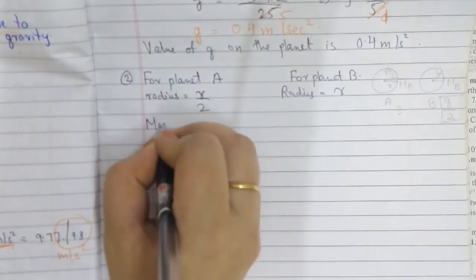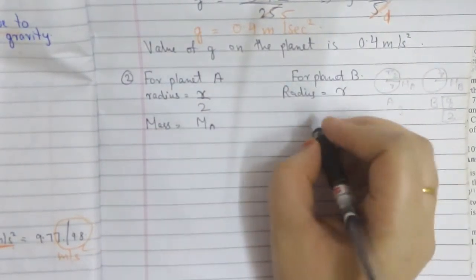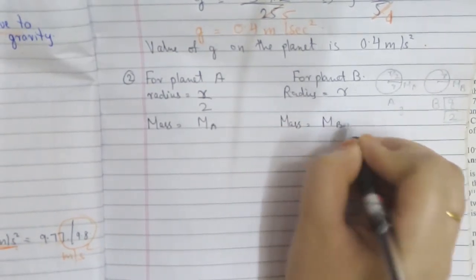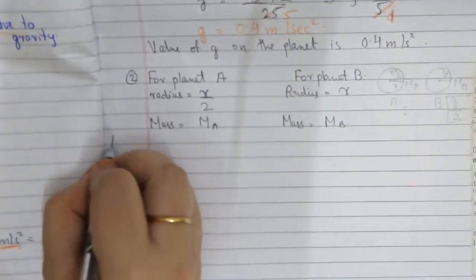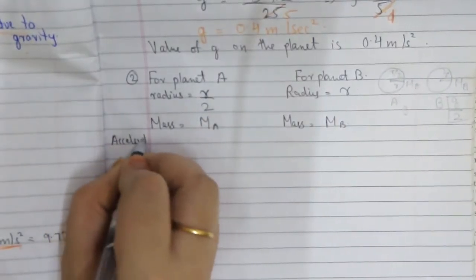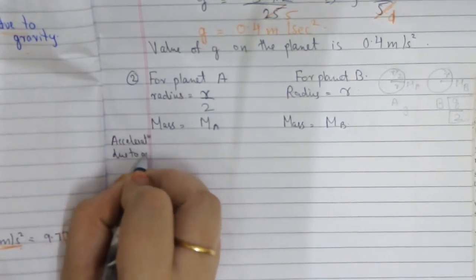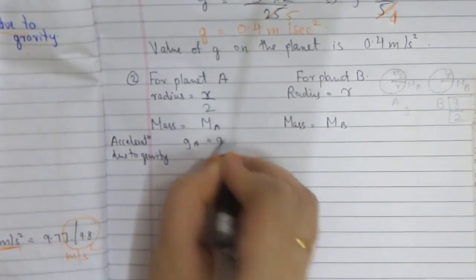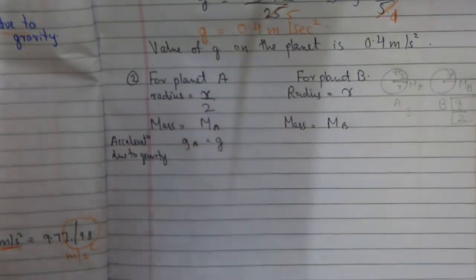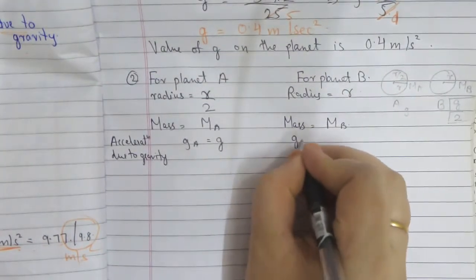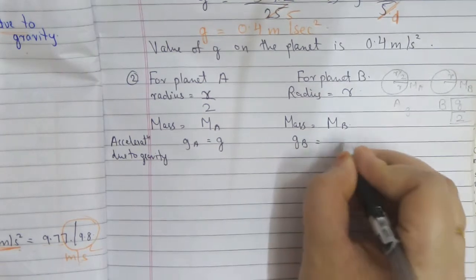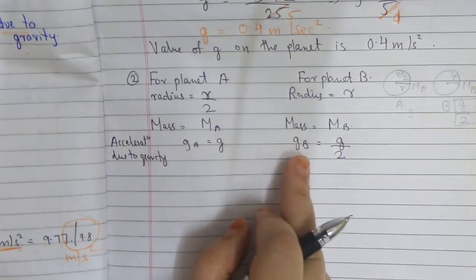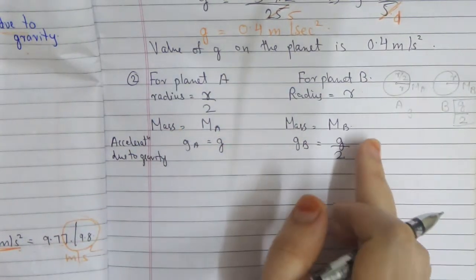For planet A the mass is ma, and for planet B the mass is mb. For acceleration due to gravity, ga will be g on object A, and for object B, gb will be half that of A, that means g upon 2.